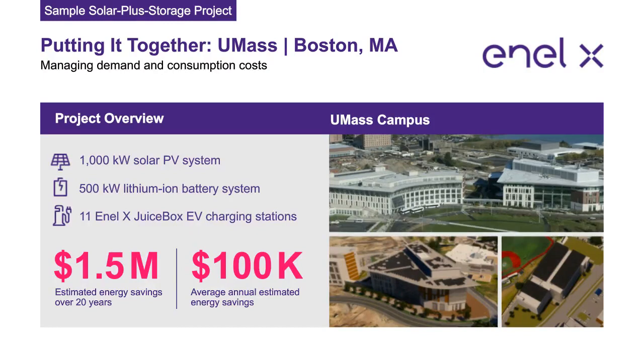All in all, as you can see on the slide, that's over $1.5 million in energy savings, but that's only achieved by taking advantage of all the different revenue streams that are out there. Some people will look at this and only do a couple, but it's really about layering on as many different value streams as you can and having the right tools in place to fully co-optimize across all of those.